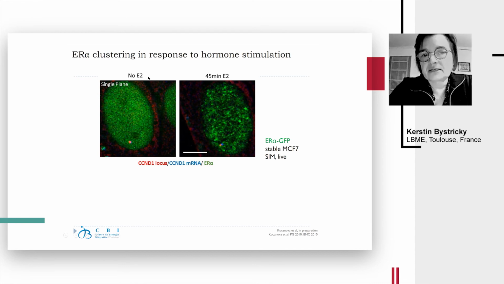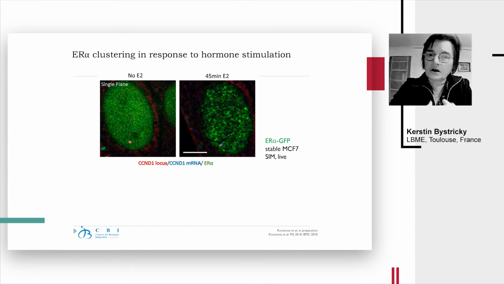When you add estradiol to it, you see these blobs appear, I mean, foci. So they kind of congregate. That's a little bit reminiscent of what I showed you at the beginning in the progesterone receptor gene and its regulatory domain. The promoter, but you have many enhancers, and when you activate transcription, they come closer together.